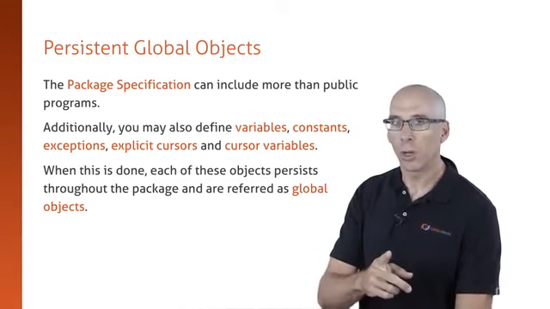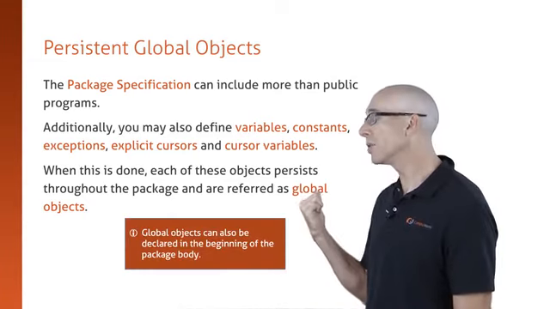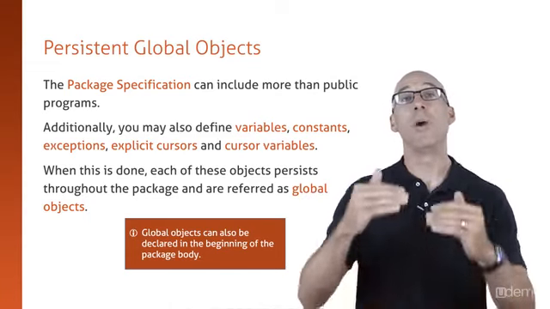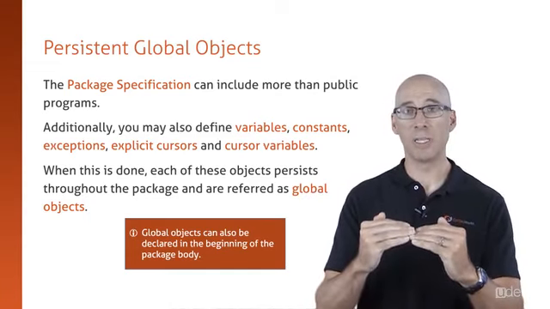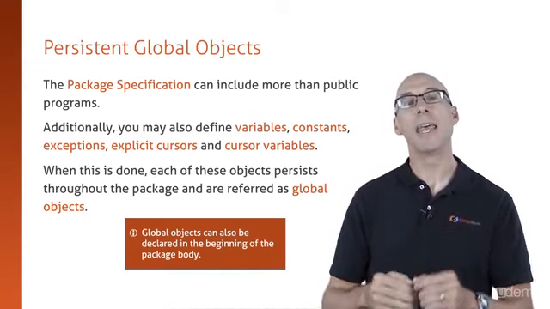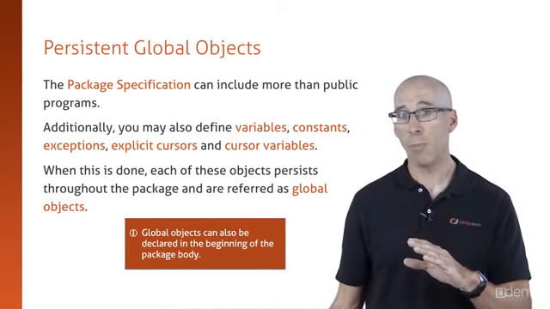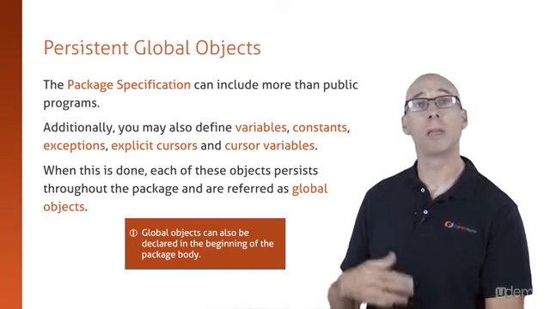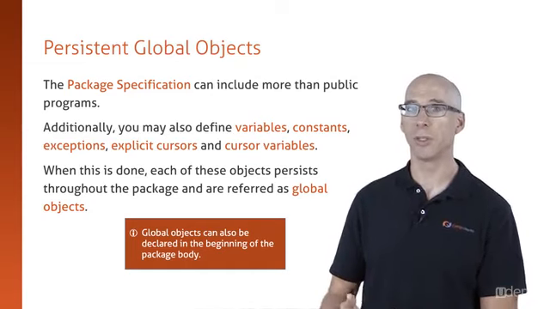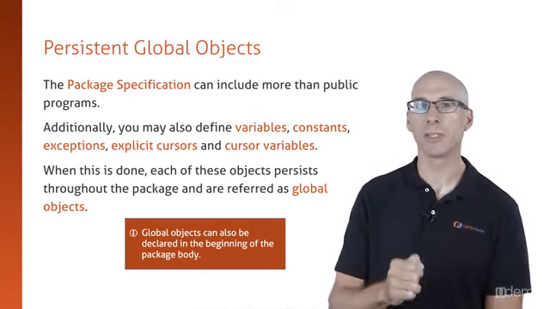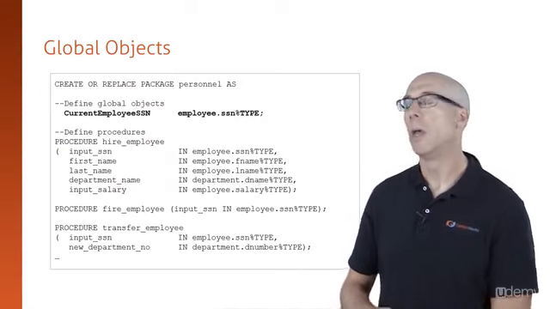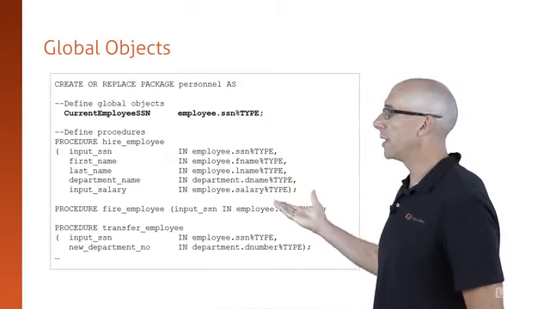But what's even cooler about this is that you can also create global objects within the body or the implementation. When you do that, now those variables are available throughout the entire package, not just the public procedures or functions. So it's very, very powerful. This is extremely cool.